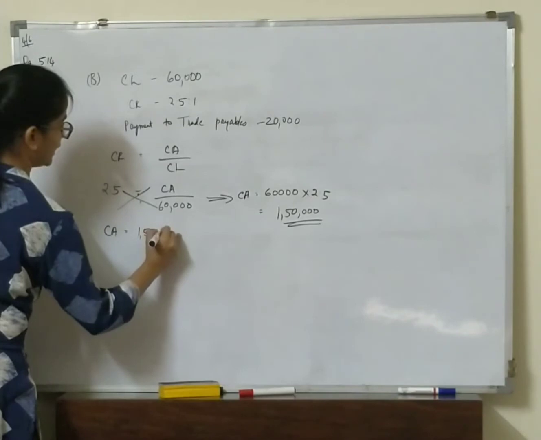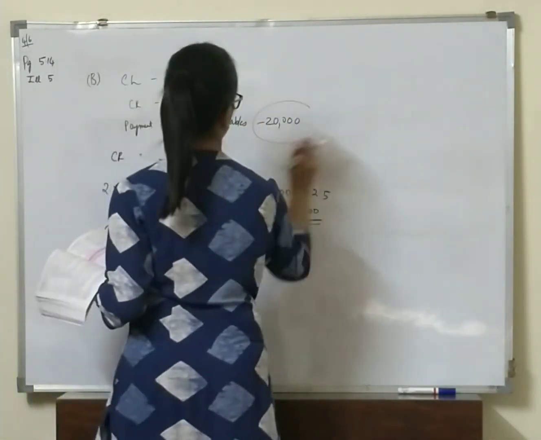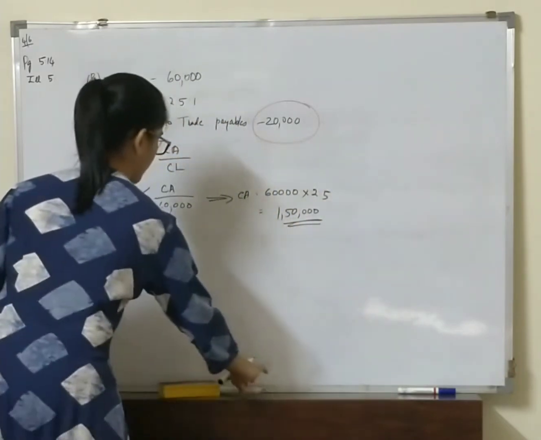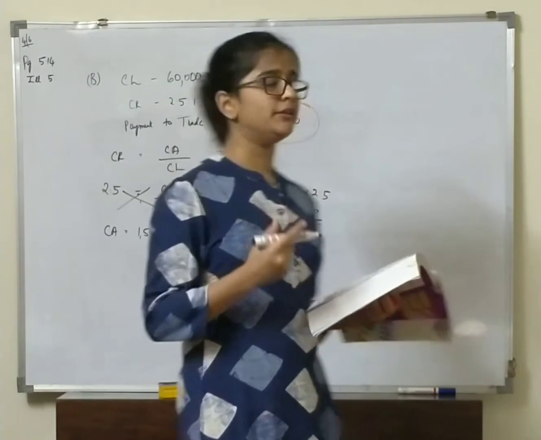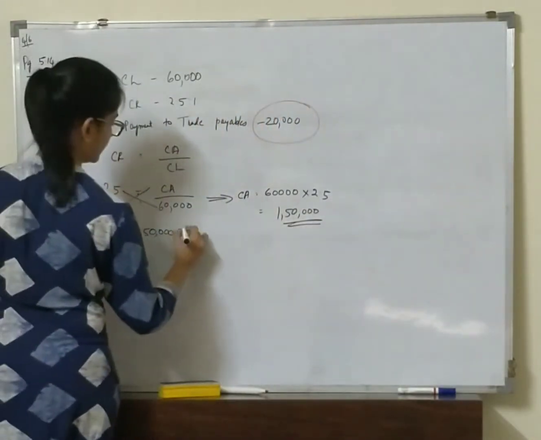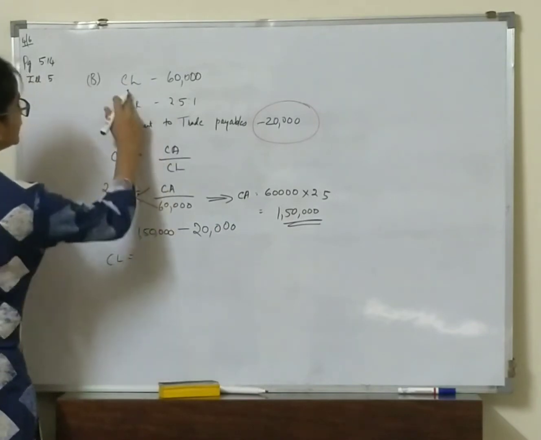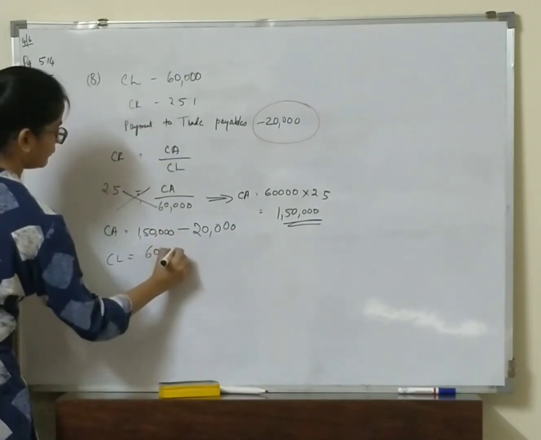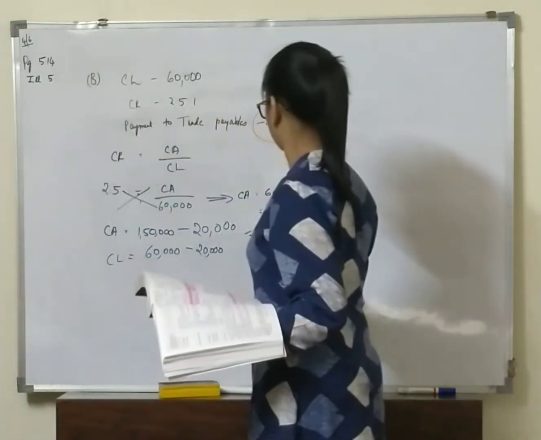We got our current assets as 1,50,000, but we have made a payment of how much? 20,000. When we make the payment, what happens to our cash or bank balance? It reduces because money is being paid. So current assets will reduce. What will happen to our current liability? It is 60,000. We have paid our creditors 20,000, so again it will be reduced.